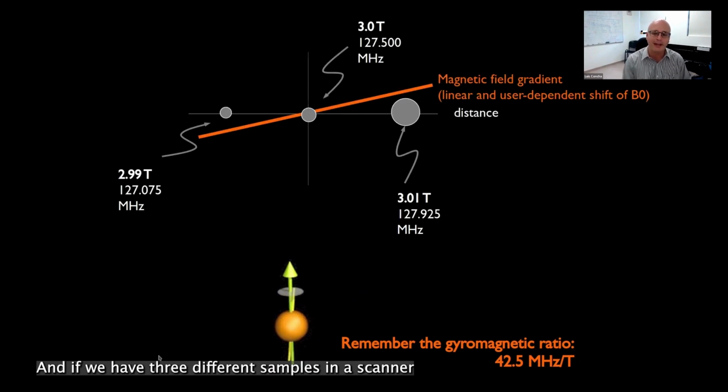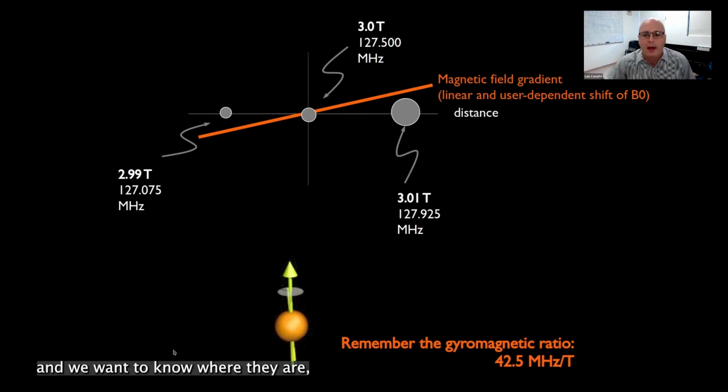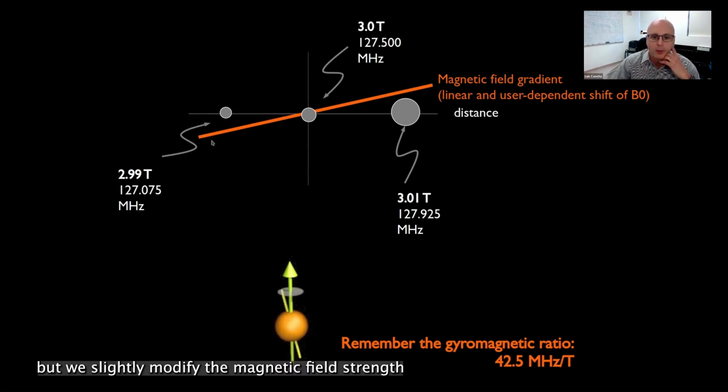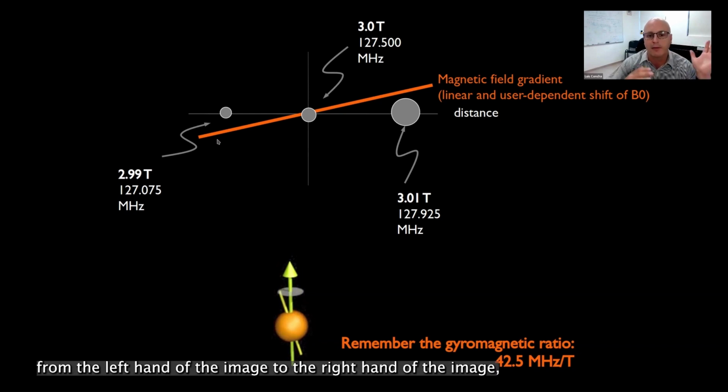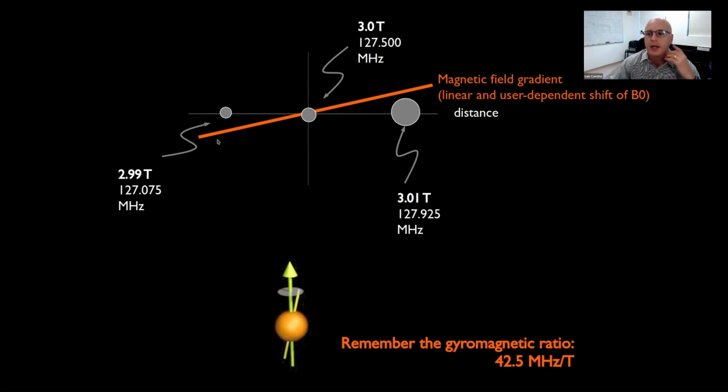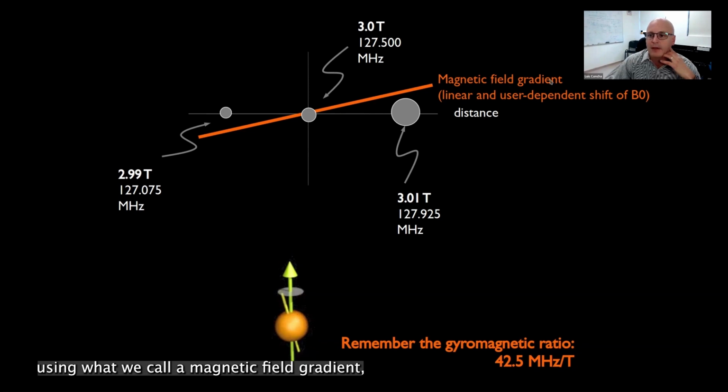And if we have 3 different samples in a scanner and we want to know where they are, if we put the scanner at, say, 3 Teslas, but we slightly modify the magnetic field strength from the left hand of the image to the right hand of the image using what we call a magnetic field gradient, that is a linear and user-dependent shift of B0, we can make the right-hand side have a little bit higher magnetic field than on the left.